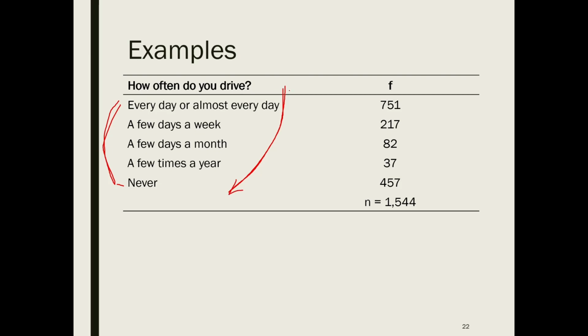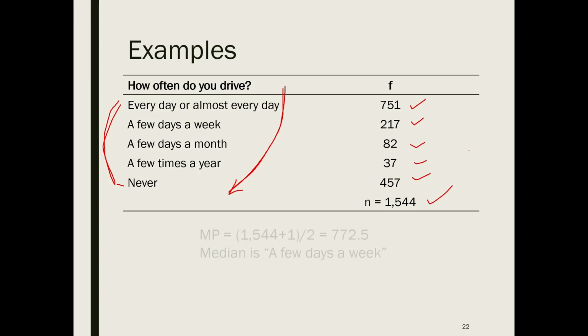I rank them this way, from the highest to the lowest how often you drive: every day, several days a week, several days a month, several times a year, or never, right? So when you can rank them, you have the frequency here, here, here, here, here, and you have the total sample size. So in order to solve this, what is the median?